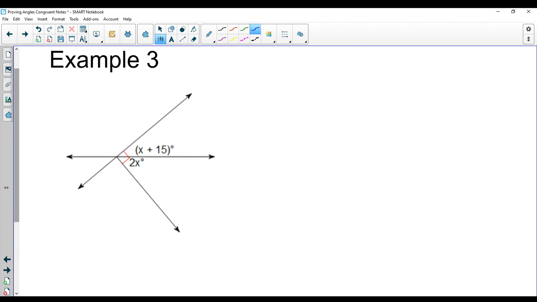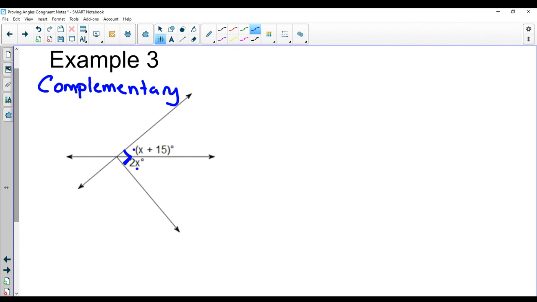So again, there's another angle relationship here, but we're talking about this x plus 15 and the 2x. Notice there's a little, I call it a box right there. You all should remember and know that that box signifies that those two angles make a 90-degree angle. So in other words, these are complementary angles. They're going to add to 90.